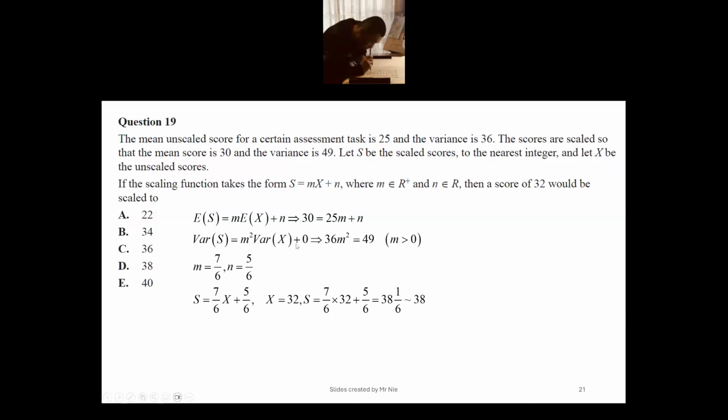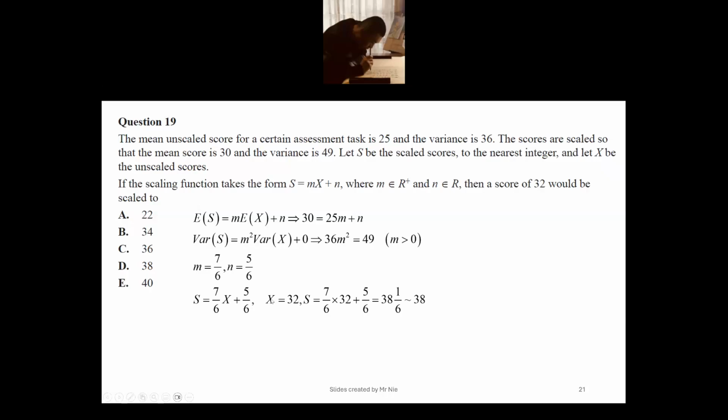Therefore, the old variance 36 multiplied by m squared gives you 49. Solving these two equations simultaneously, you get m is 7 over 6 and n is 5 over 6. This is the constructed relation with known constants.